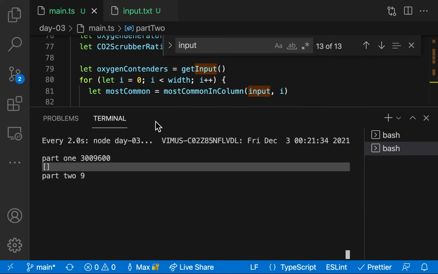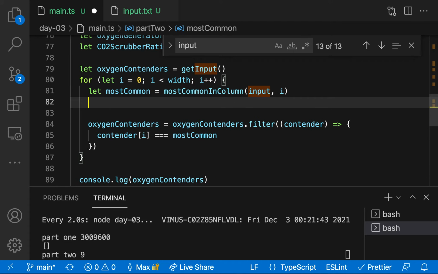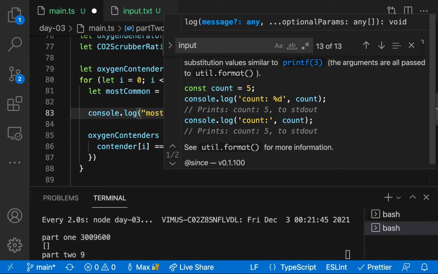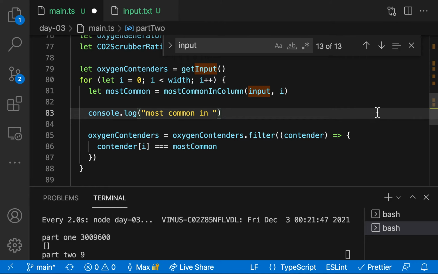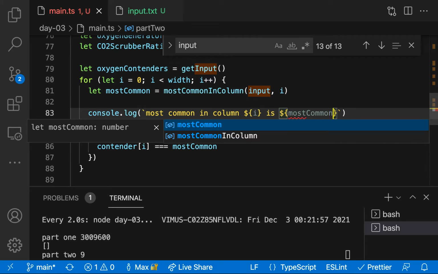There appear to be none left. Let's see if we got something wrong. So say console log most common in column I is most common.